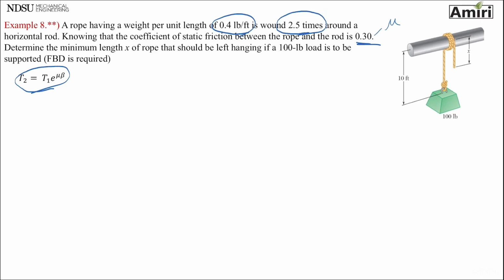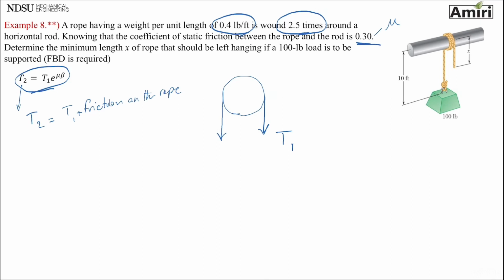I have a cylinder. I have a tension T1 going this way. T2 in this equation is always the one that is fighting friction. So T2 is basically T1 plus the force of friction on the rope. T2 is easy.